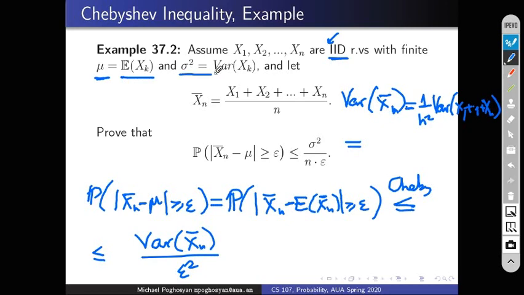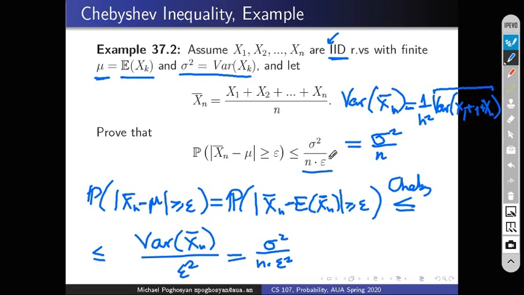Because they are identically distributed, the variance of each Xk will be sigma squared, so I will have n times sigma squared over n squared, which is sigma squared over n. If I plug that value here, I will have sigma squared over n times epsilon squared. What we wanted to get.